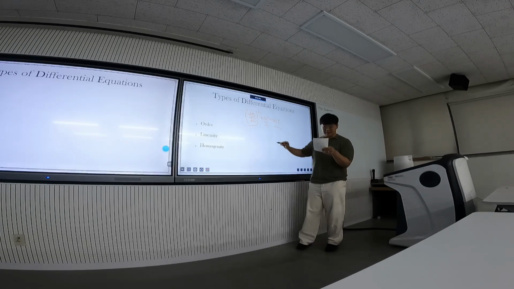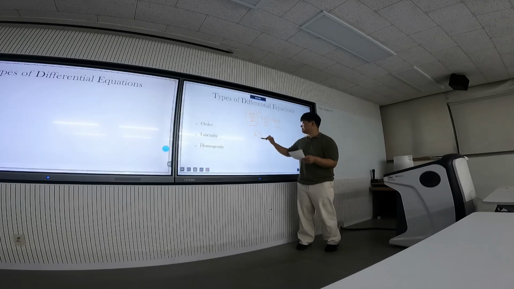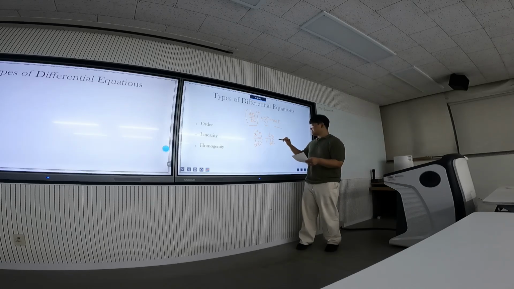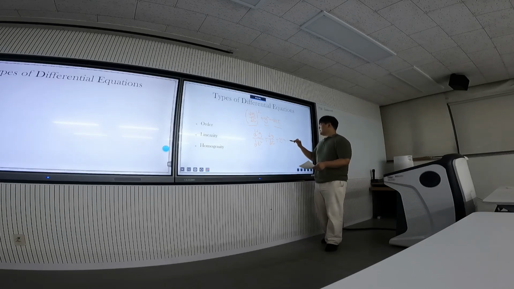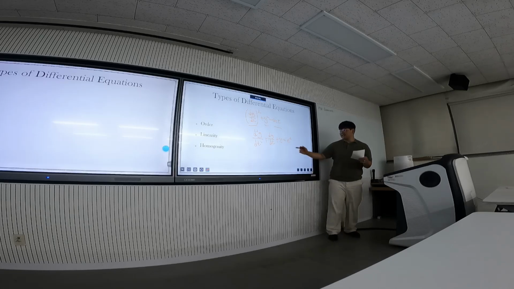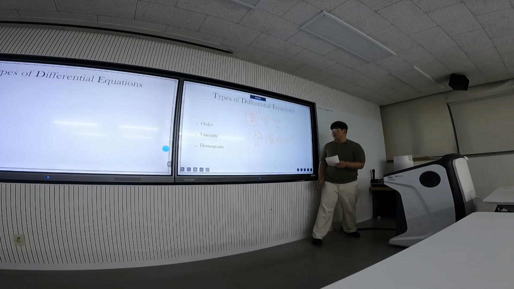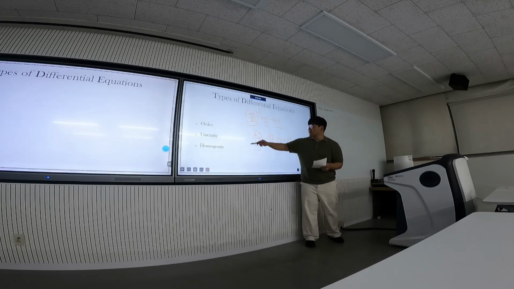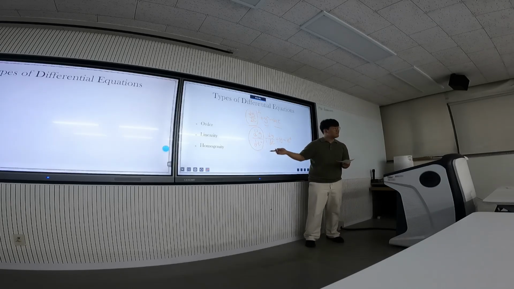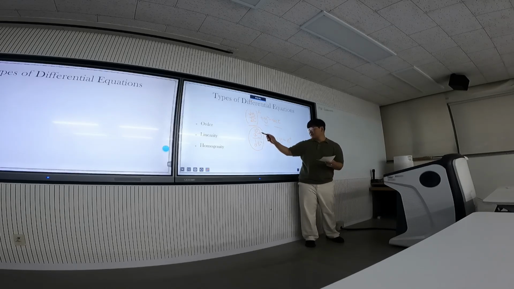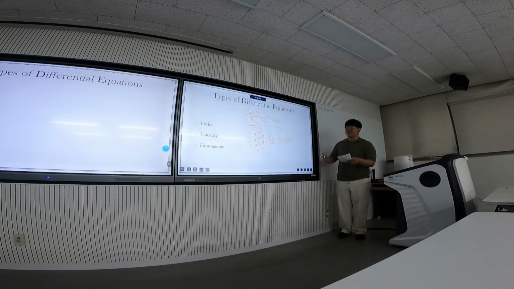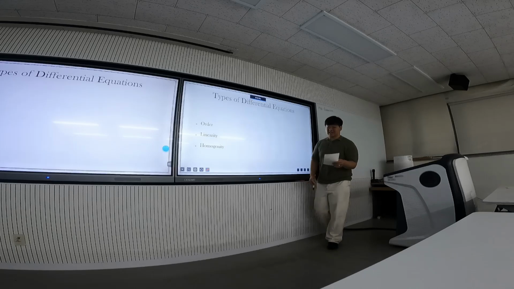And how about this example? Plus y e to the t. Is this equation linear or not? Yeah, it's linear. Why is it linear? Isn't this term a problem? No, this is order. So we know what linearity is, and lastly we need to review the homogeneity.